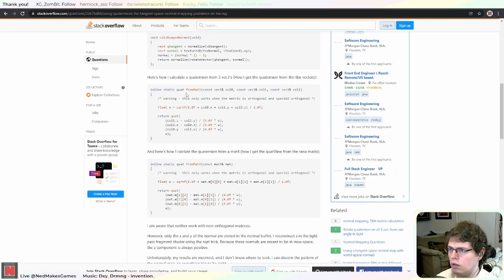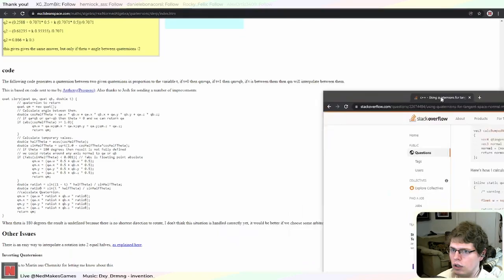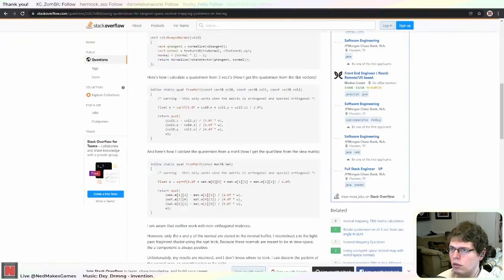So this is Quaternion from 3x3 matrix, which is what you'd use for tangent to world. So it does square root. Okay, this is all pretty simple. So let's try this and see if it works.